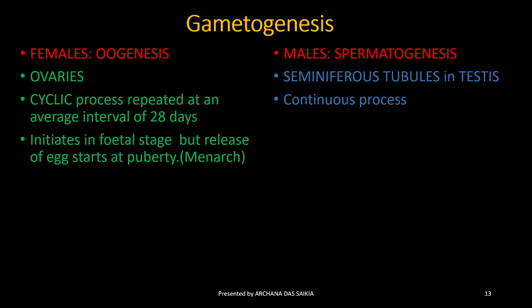So it initiates in the fetal stage itself, the formation of the gamete takes place there itself, when she was just a 25 weeks old fetus inside her mother's womb. But the release of the female gamete or the egg or the ovum starts only when she attains puberty. And that first release of egg is known as menarche.